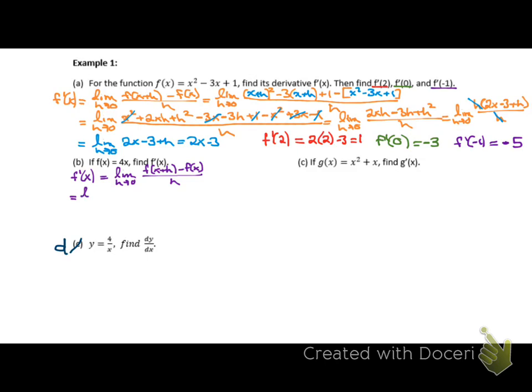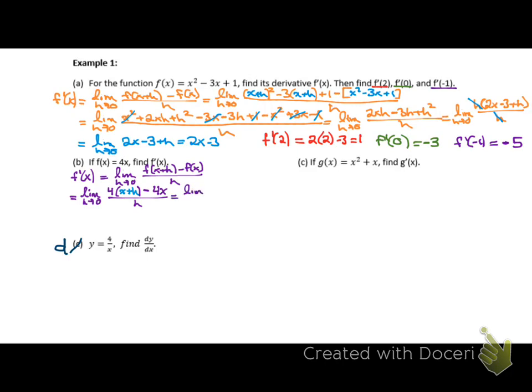So we're finding the limit as h approaches 0 of 4 times x plus h minus 4x all over h. That's the substitution. Very, very simple. All right, then we distribute.